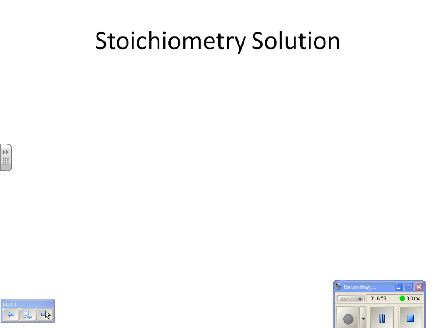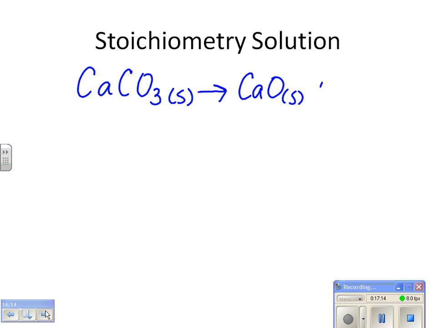What do we do first? It has to do with an equation. We write the equation. Decomposition of calcium carbonate, which is a solid, making the solid calcium oxide plus carbon dioxide gas. Okay.